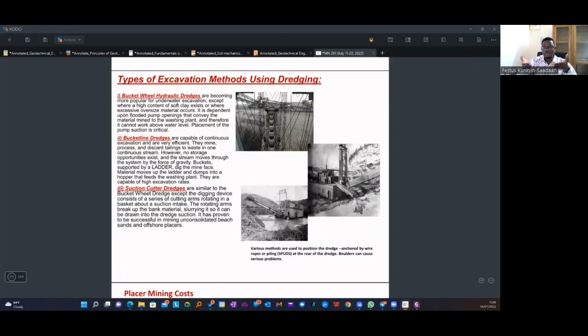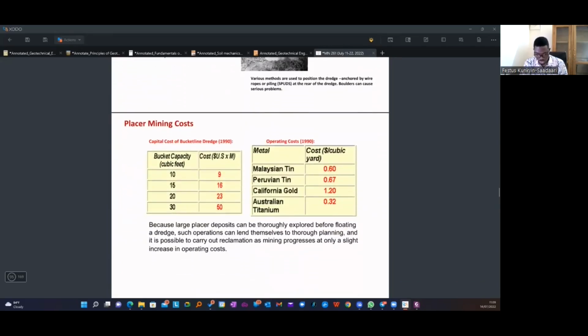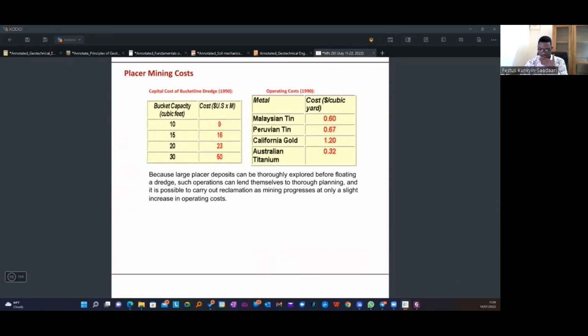That very huge device on top of the water cuts the material beneath, and then begins to suck the material it has cut through a pipe to its final destination. That is how the suction cutter dredges also work. Then we have the bucket wheel hydraulic dredges.